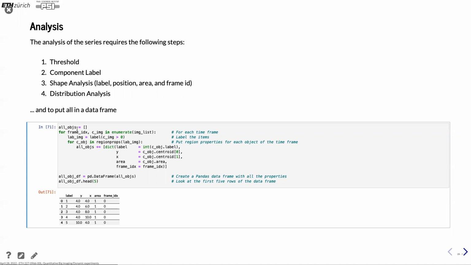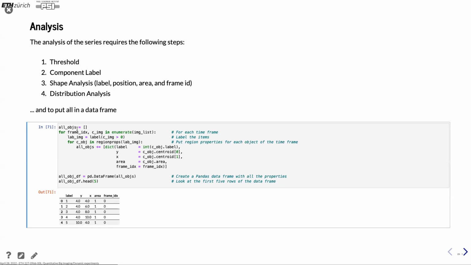That data frame looks like this, the top elements. We have the positions of each object. You can see here that they are nicely positioned. Everyone is on the same height position 4, and then we have 4, 6, 8, and 10. Each area is equal to 1. It's just one single pixel.